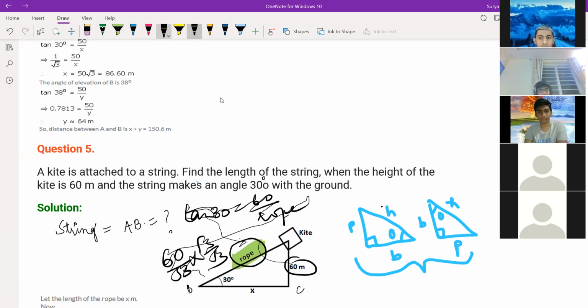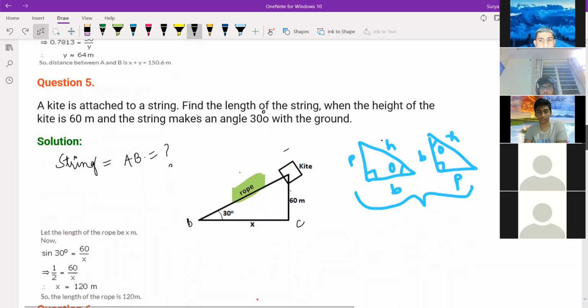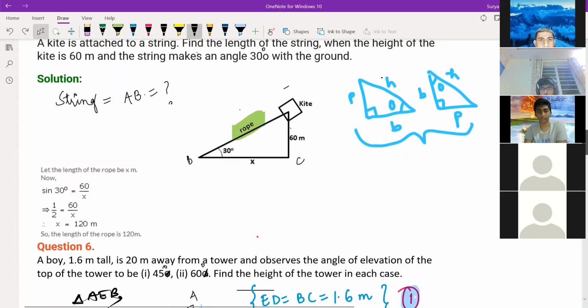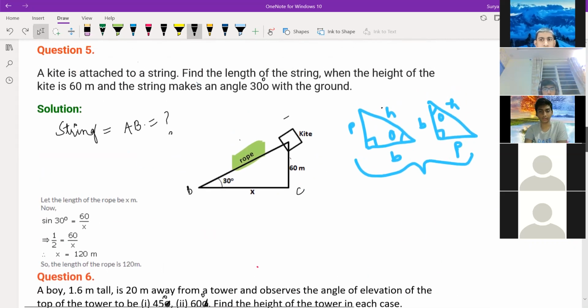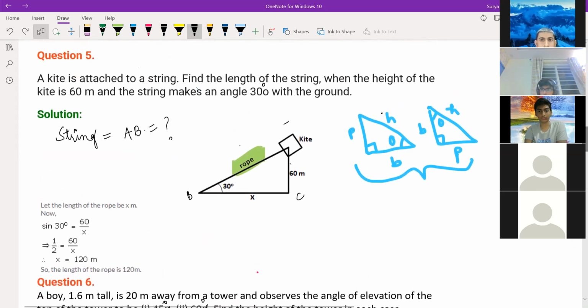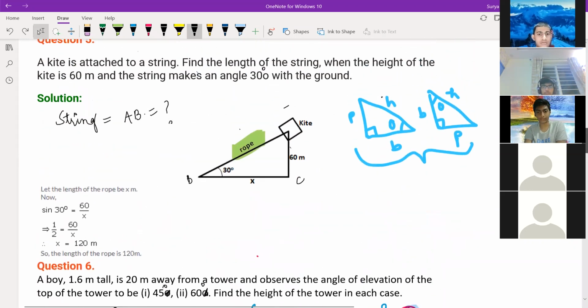No, wait, this is wrong, what I have done here. You must take sine 30. The sine 30 is 1 by 2. Yeah, the answer is coming 120. All of you got 120 as the answer? Yes, sir. Fine.